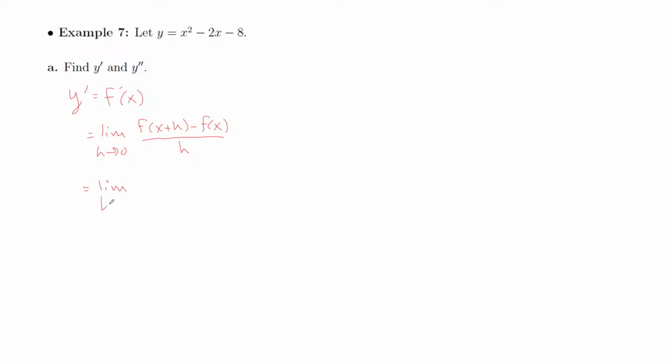And so remember, the game with polynomials is, okay, let's plug it in and then expand out everything until we can get the terms that don't involve h to go away.